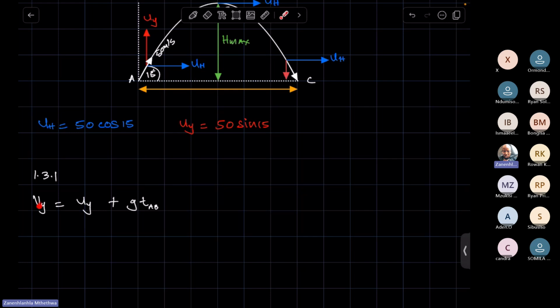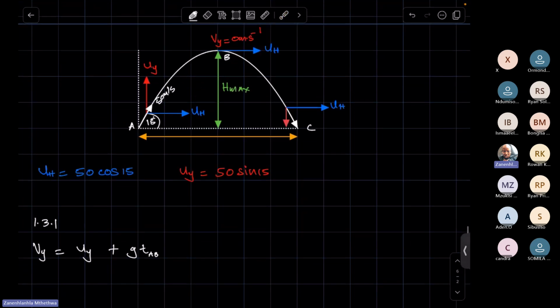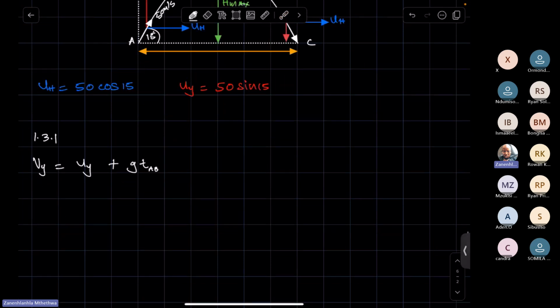We have Vy, we have Uy, we have g. When the object is still approaching the apex, we take g as negative because it is opposing motion. So Vy we know is equal to 0, Uy is equal to 50 sine 15, plus g, which we take as negative 9.8, times TAB.